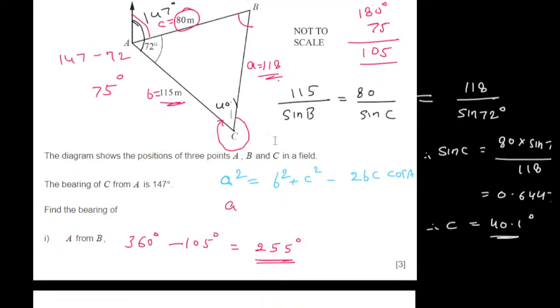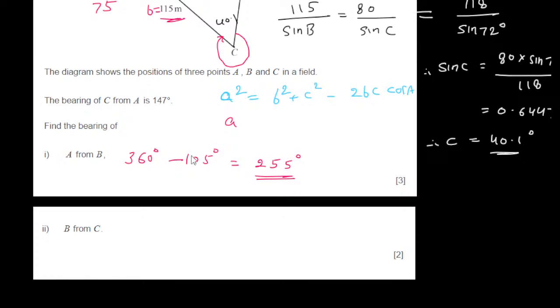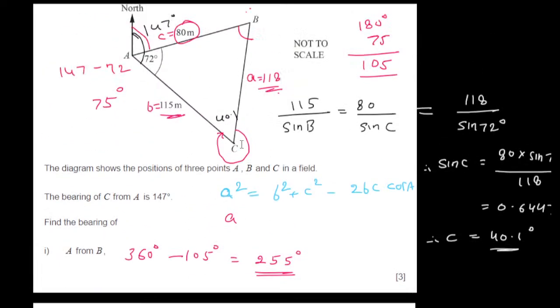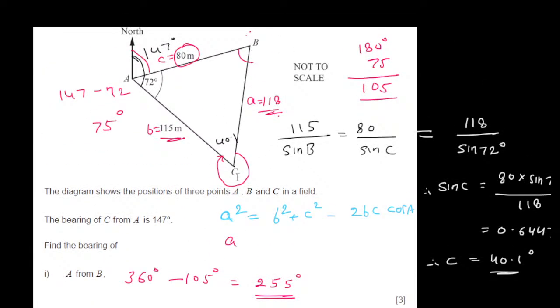So the bearing of B from C, no, I am doing something wrong. The bearing of B from C. So at C I have to draw a vertical line, and then I have to see this particular angle.